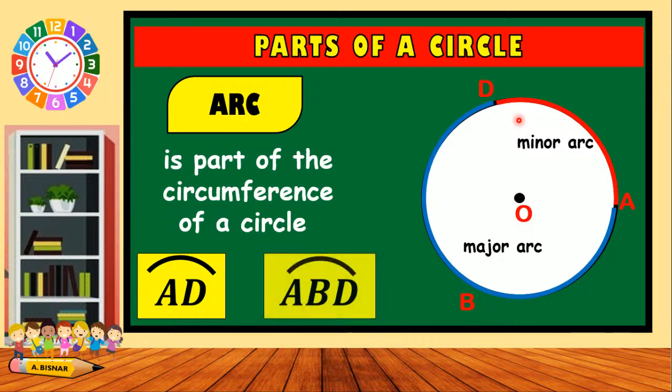And then, we have the major arc. And the name of the major arc is arc ABD. Or, we can also name this as arc DBA. Question. Can you see the difference between minor arc and major arc? Kapag minor, maliit.